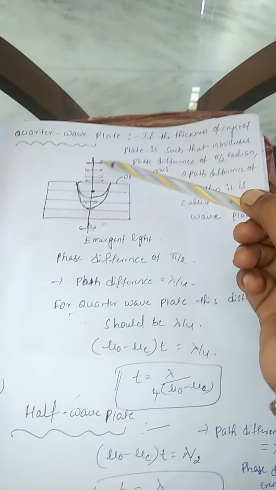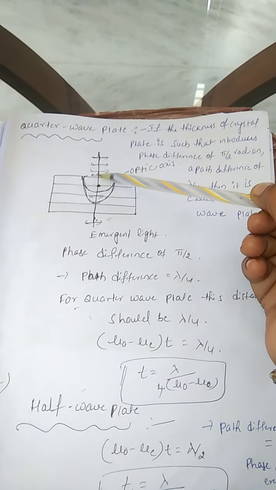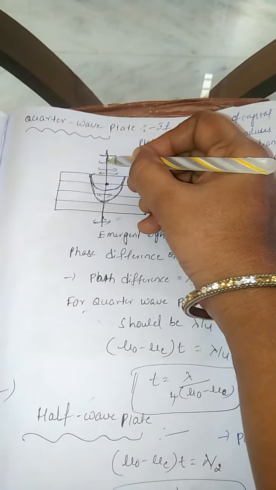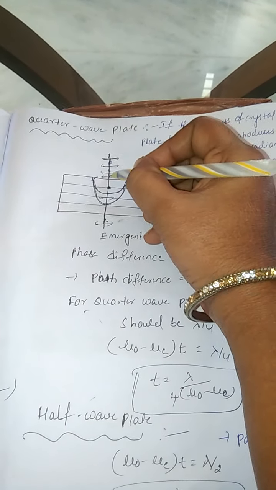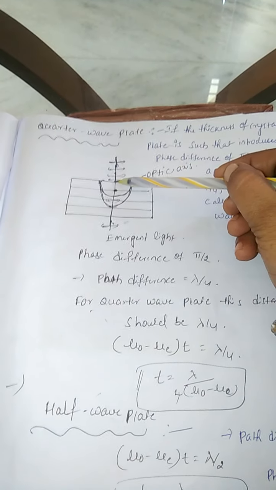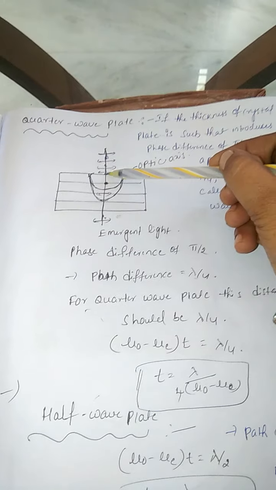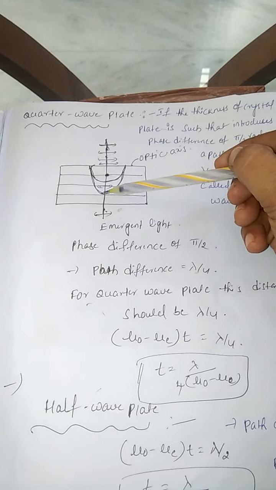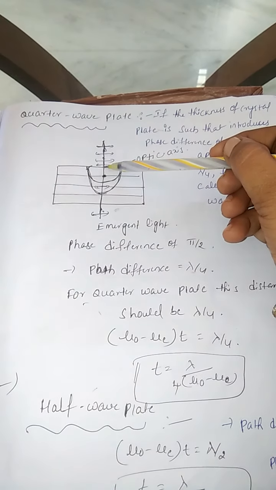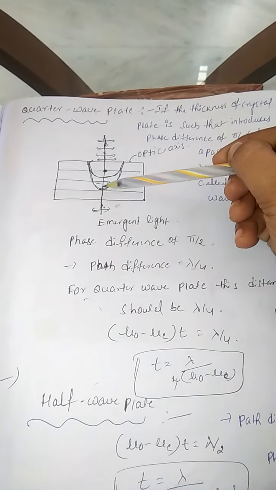This is unpolarized light, and it contains two types of waves. When the unpolarized light is incident on this crystal, the phenomenon of double refraction occurs: it is resolved and refracted into two rays, an ordinary ray and an extraordinary ray.